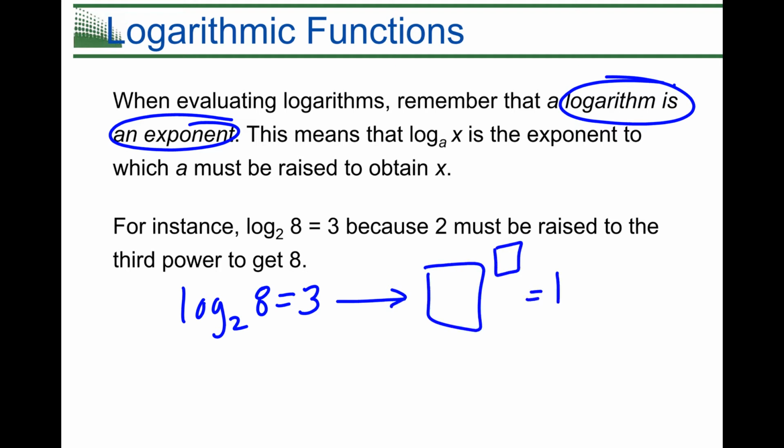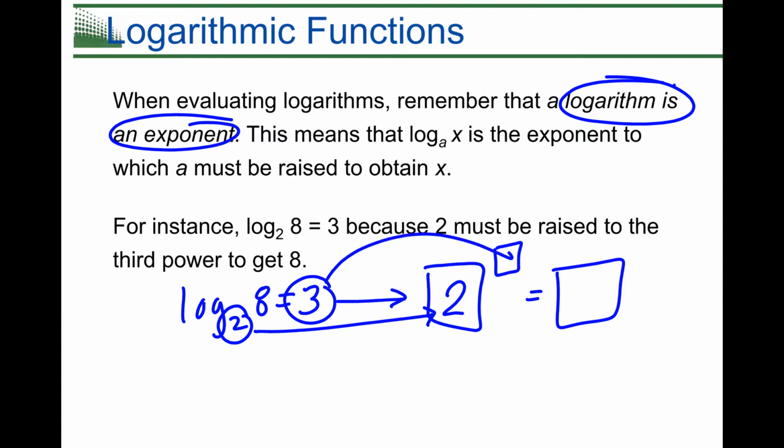So I need 3 spots here. The base of my log is the base of my exponent. A logarithm is equal to an exponent. That means a log is equal, so 3 is the exponent. The only number I haven't used is 8, and I would put it here. Now you may be sitting there thinking 2 cubed is equal to 8. Duh, teacher. Well, the reason is we need to learn this with something that we're familiar with, so that when we have values that are variables, we'll be able to solve them.